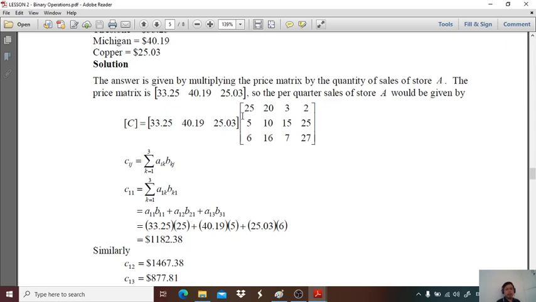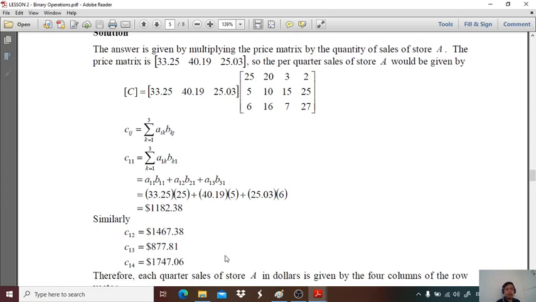So for the first quarter, the total sale is $1,182.38. Next is the second quarter, so we have 33.25 times 20 plus 40.19 times 10, then 25.03 times 16.